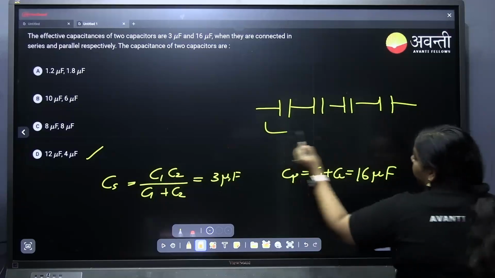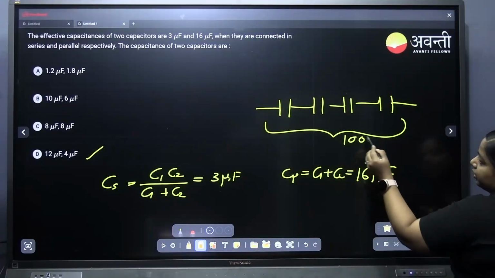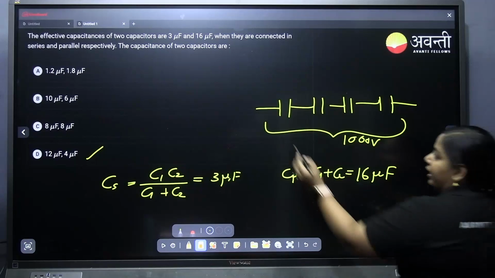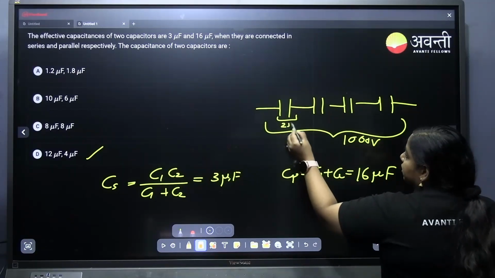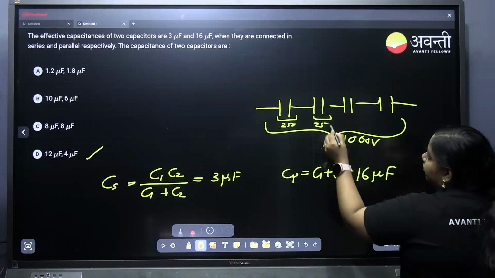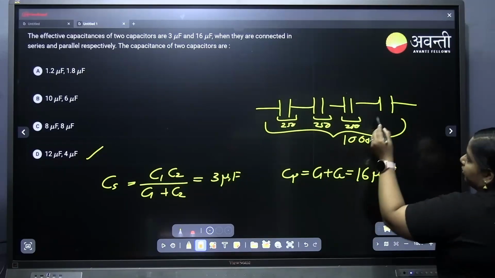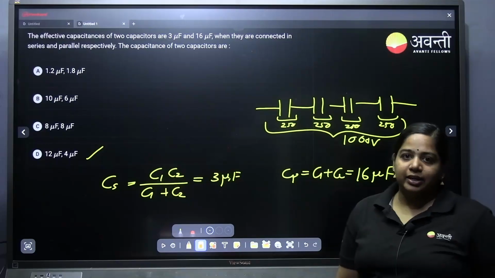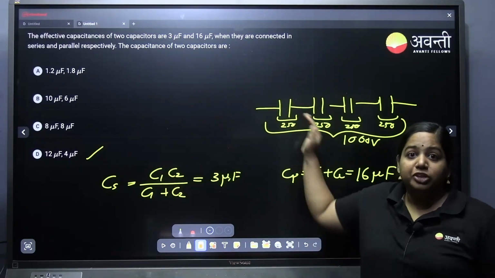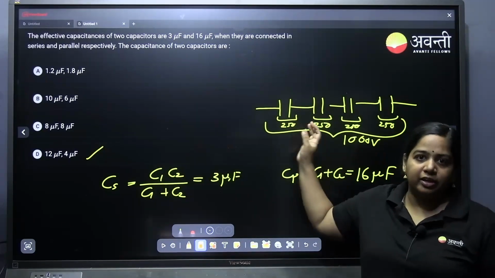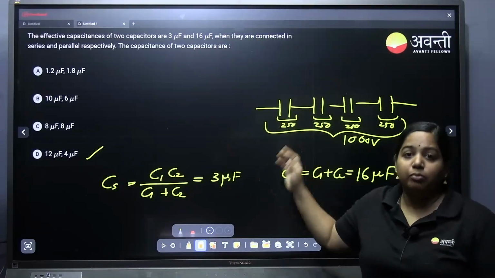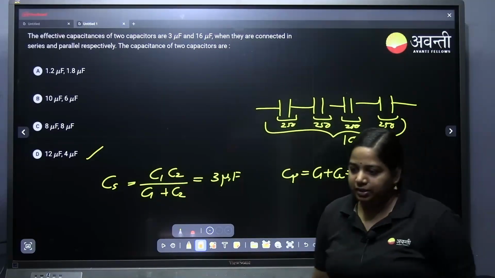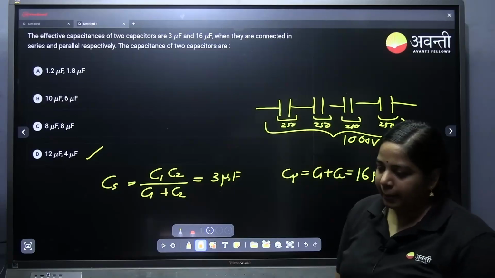Okay, total across this will be 1000 volt. Individually, across it will be 250 volt, right? It is less than our 300 volt. So that is fine. It should not go more than 300. One capacitor cannot stand more than that. That is the question. Is it clear?